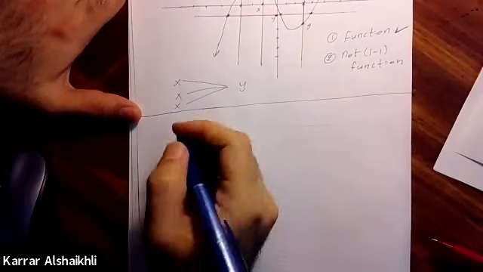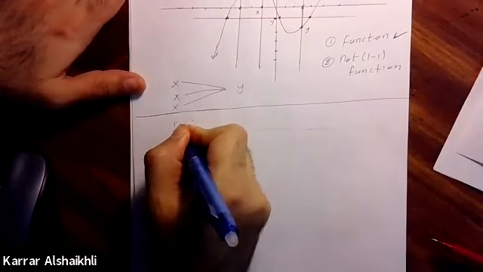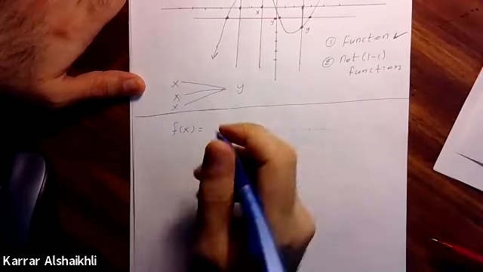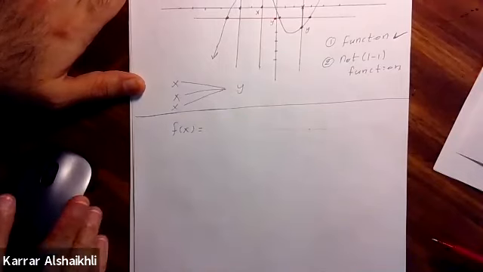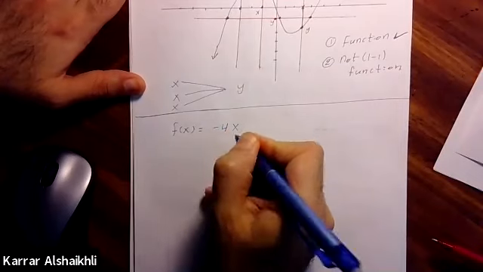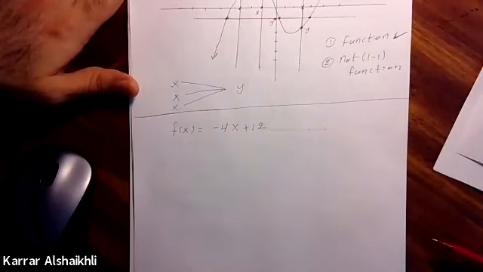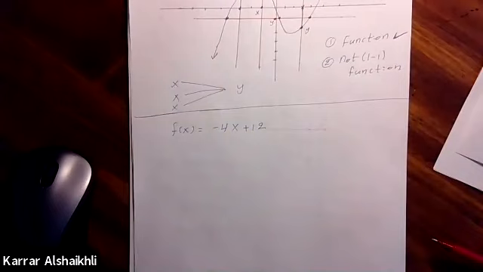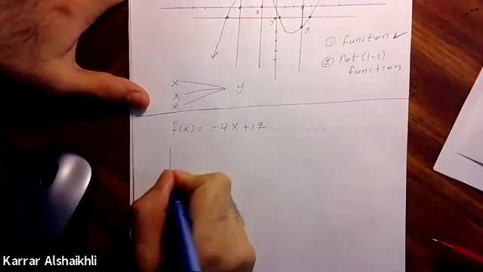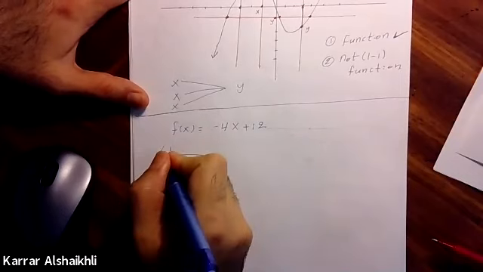Let's do this one. They're going to give you f of x equals negative 4x plus 12. So you have two options to find whether this example is a one-to-one function or no. So the first thing, let's make a simple table here with x and y.